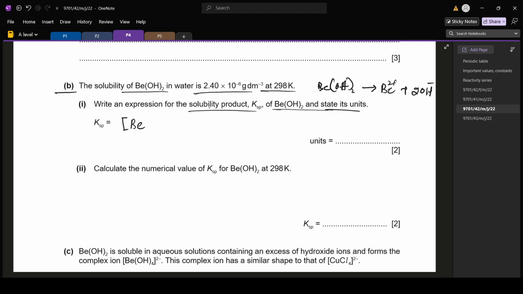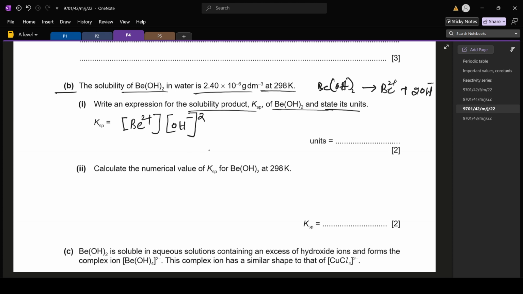The definition of solubility product is the product of the concentrations of ions of a sparingly soluble salt at equilibrium. So it will be the concentration of barium 2 plus ions, then the concentration of hydroxide ions, and there are 2 moles, so it will be squared.